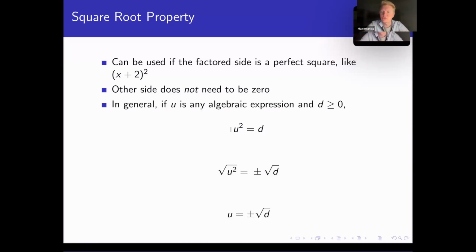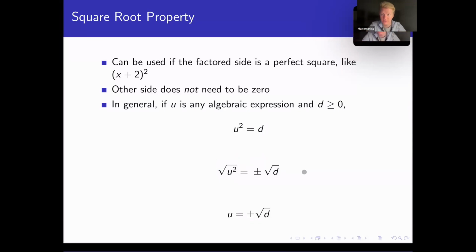So if u squared equals d, you can take the square root of both sides to undo the squared. How do you undo plus 5? By subtracting 5. How do you undo u squared? By taking the square root of both sides. However, when you take the square root of both sides, you need to get plus and minus.